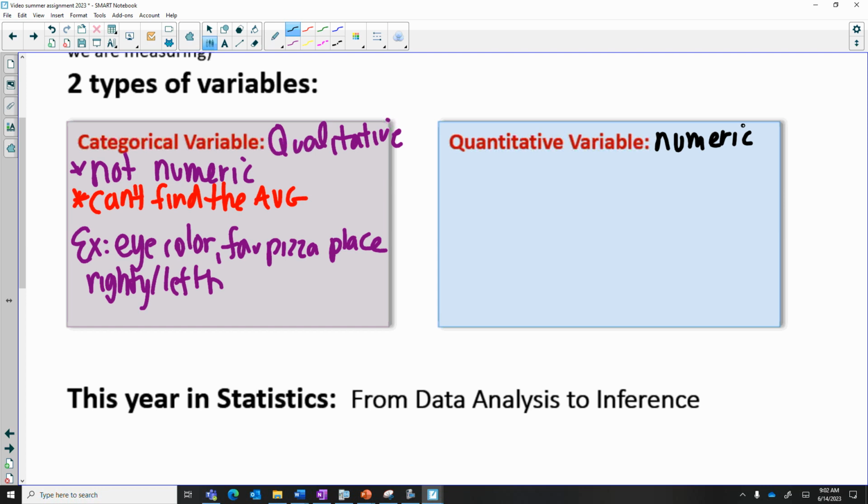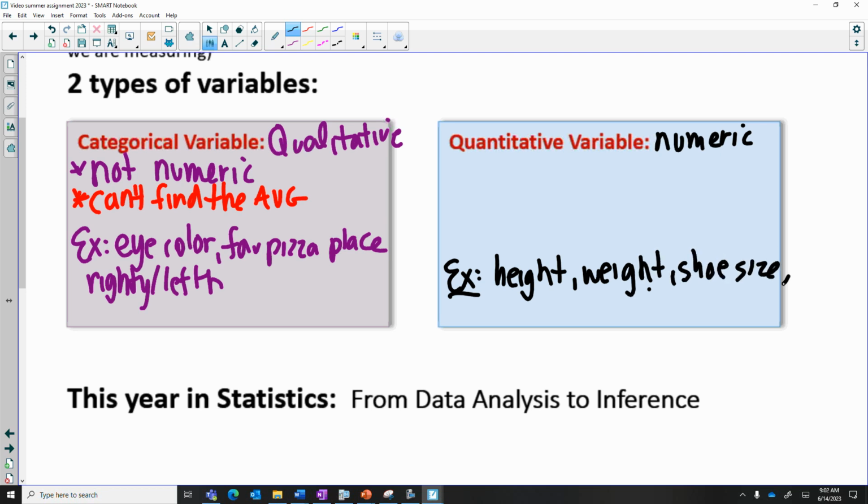Quantitative variables are numeric. They take on numeric quantities. It's a variable that it can make sense to find the average of. Examples include your height, your weight, your shoe size, your SAT score, etc. So that is the difference between the two.